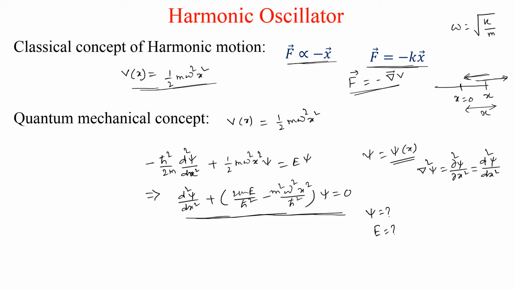And to find psi, we first have to solve this differential equation. This differential equation can be solved in two ways. One is the analytical way, and another one is the algebraic way.